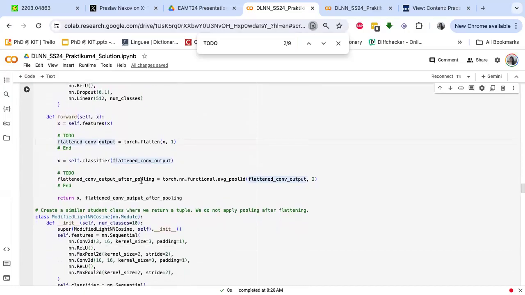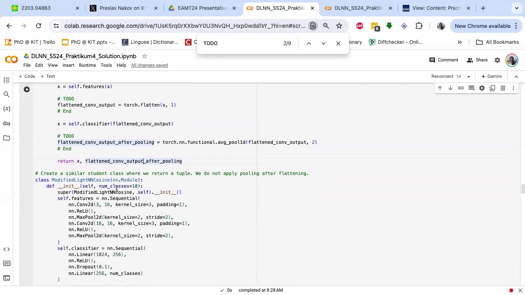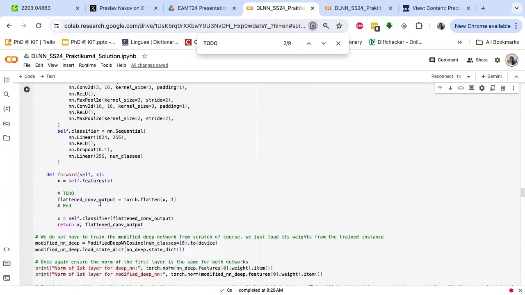And then for the teacher, you have to do a pooling step so that you can get to the same shape as that of the student. And then you return it along with the logit from the teacher. For the student, the shape can be kept the same. So you just have to flatten the output and then also return it along with the logit.